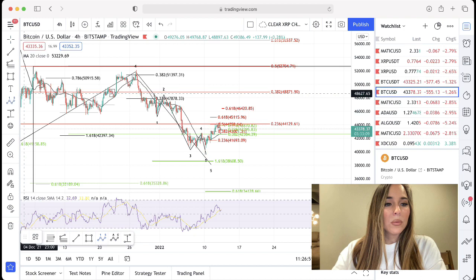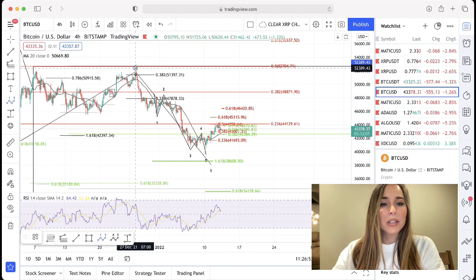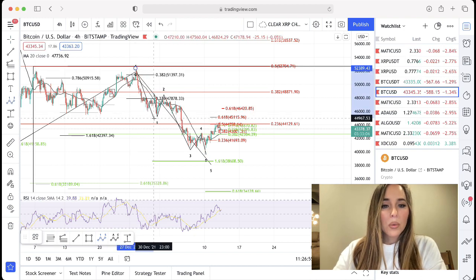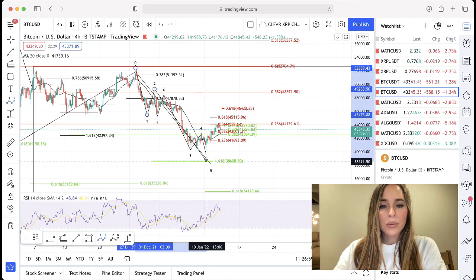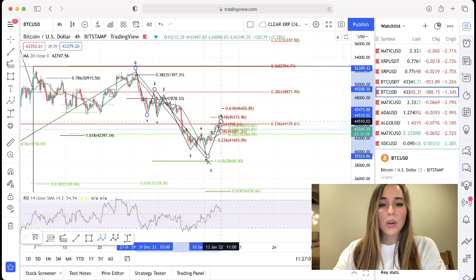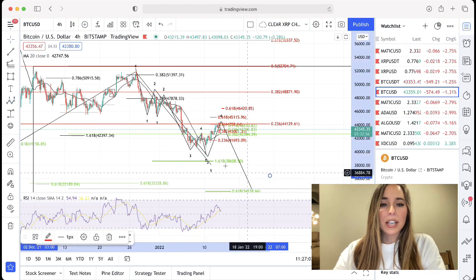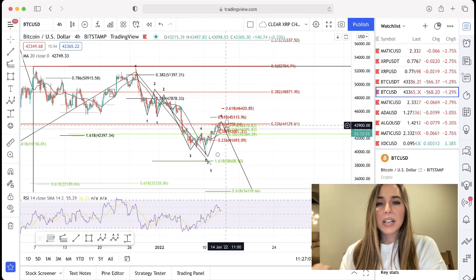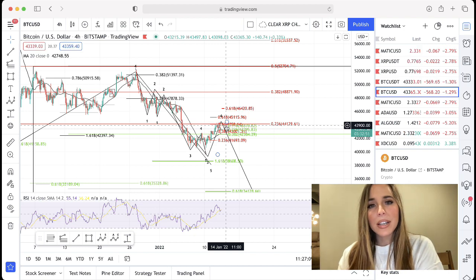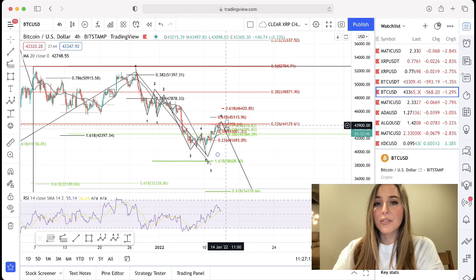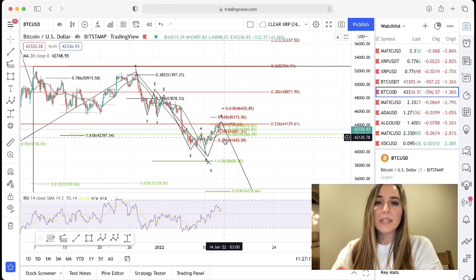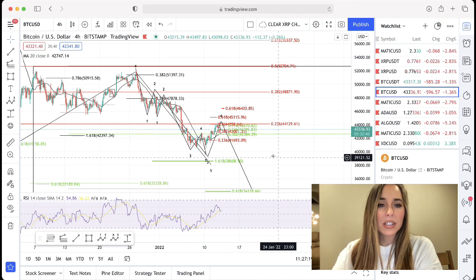And so what is happening right now as a possibility is this could be our wave 1 down here, 2, 3, 4, and then 5 down to target. And because this is not invalidated right now, this is still a likely scenario, and I'm going to show you what invalidates it, and then also what we have to keep an eye on to see if this is going to play out or how it's going to look.